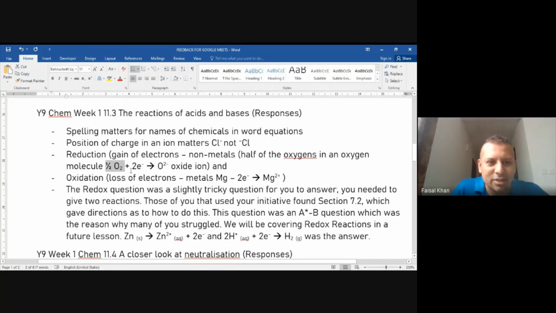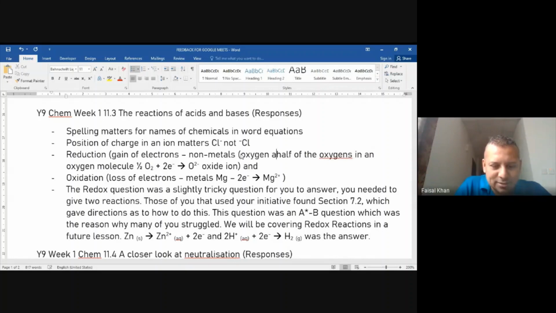That half oxygen, the most important thing here to understand is that you've got the oxygen atoms gaining electrons. That's the important point that I want to try and put across here. So the oxygen atom, so half the oxygens in an oxygen molecule, okay?